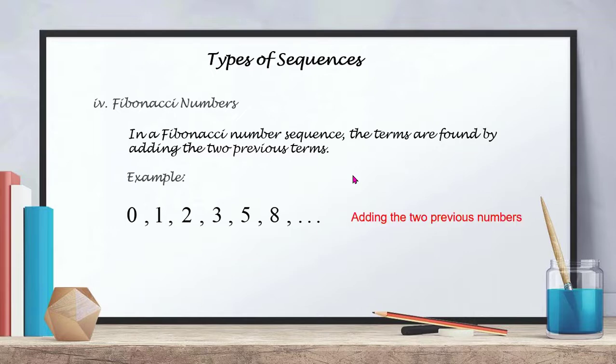The numbers are progressing by adding the two previous numbers. 0 plus 1 gives us 2. 1 plus 2 gives us 3. 2 plus 3 gives us 5. And 3 plus 5 gives us 8. And so on and so forth. Note: the Fibonacci sequence always starts with 0 and 1.